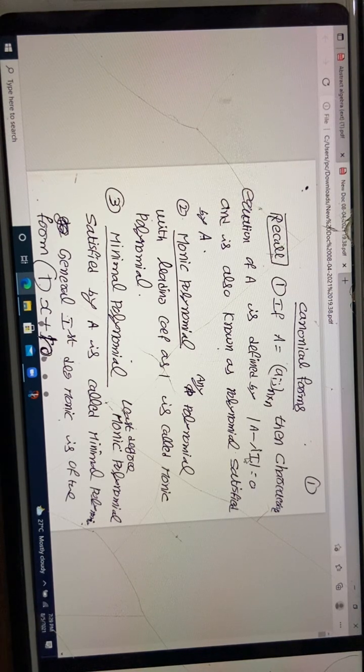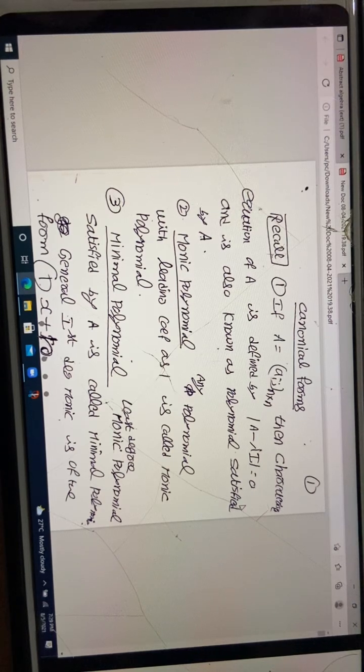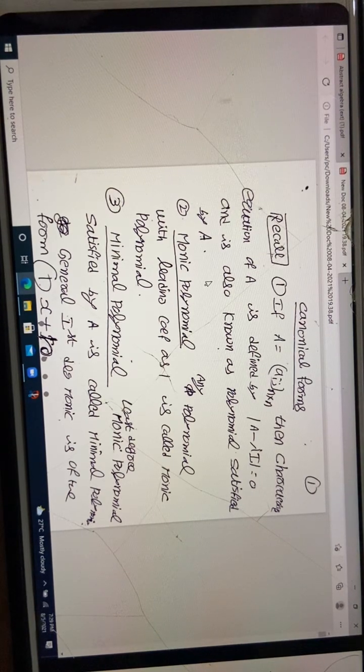And the determinant of A minus lambda I is also called a polynomial which is satisfied by A. What is a polynomial satisfied by A? Generally we take the characteristic polynomial.